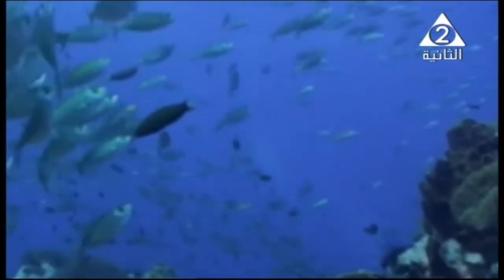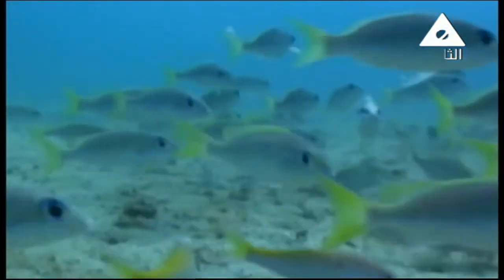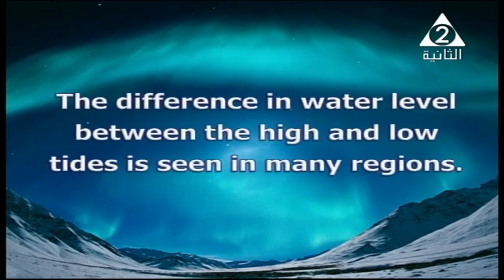Tides result from the pull of the moon and the sun on the ocean, which results in the movement of its water. The difference in the water level between the high and the low tides is seen in many regions.